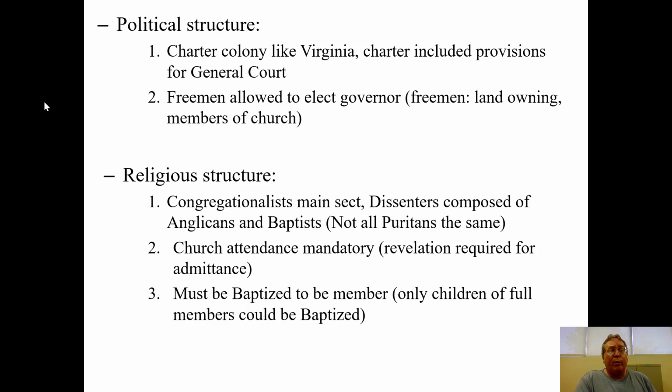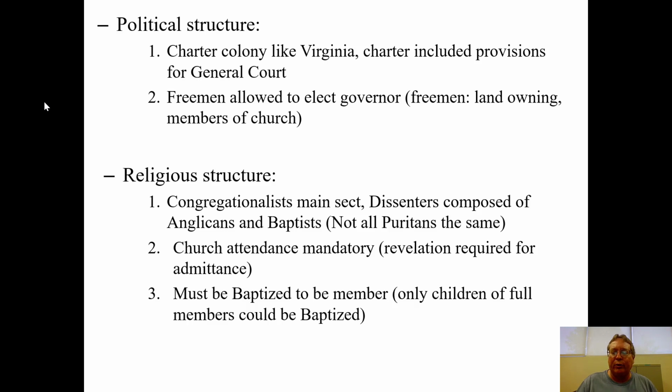Now, one thing that all Puritans can agree on, regardless of how they feel about the Church of England, is that you have to attend religious services to really prove you're a member of the community, right? It doesn't mean necessarily that you have to have a church in your family, right? But you have to attend church, whether it be in an actual physical church or just somebody's house.